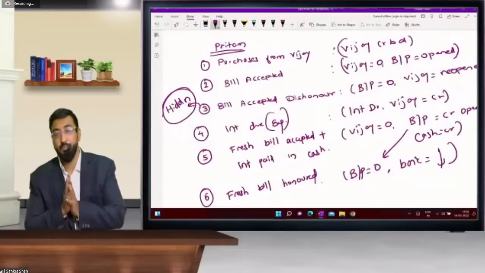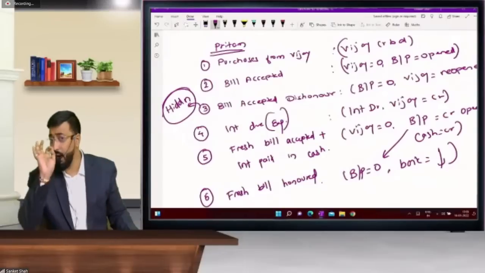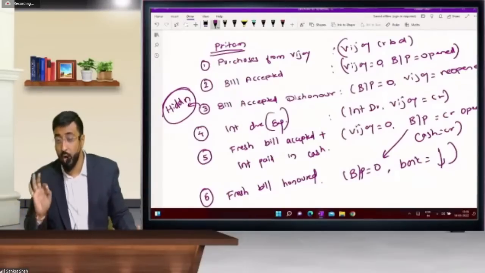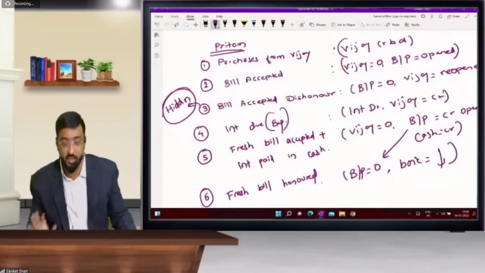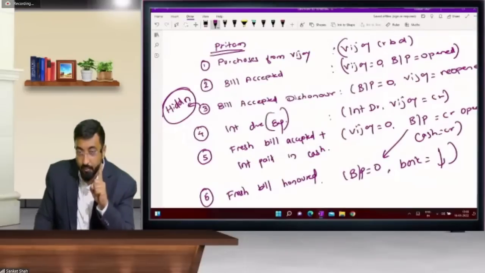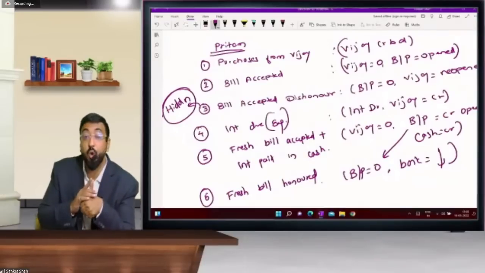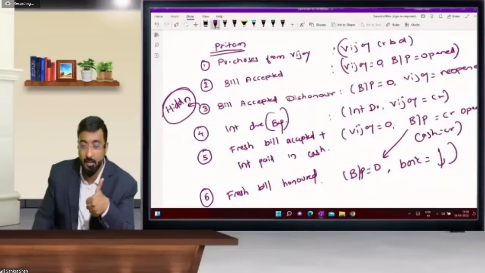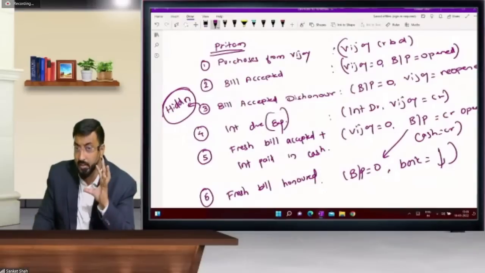Students, in bill of exchange, I want 100% marks. Not a single mark you are going to lose in the exam on bill of exchange. Whatever topics I'm taking, I'm clearing all your doubts. So number one, what are the requirements? First, try to focus on these basics, all these entries.